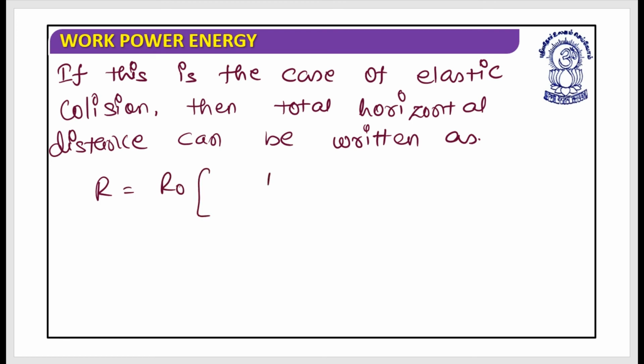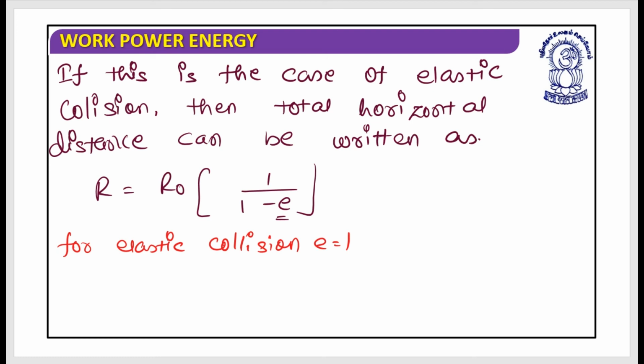This was the master formula, 1 upon 1 minus e. Now for elastic collision, e is equal to 1. So the total horizontal distance is equal to R naught upon 1 minus 1, which is infinite. Why should it be infinite?